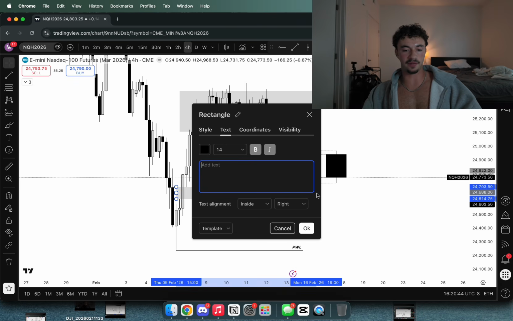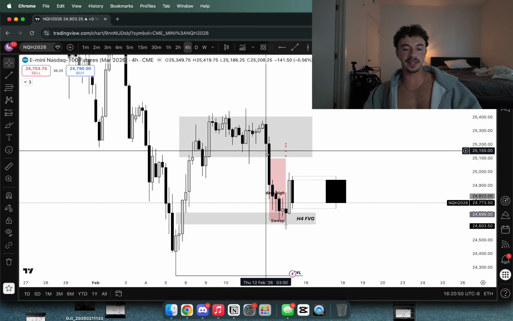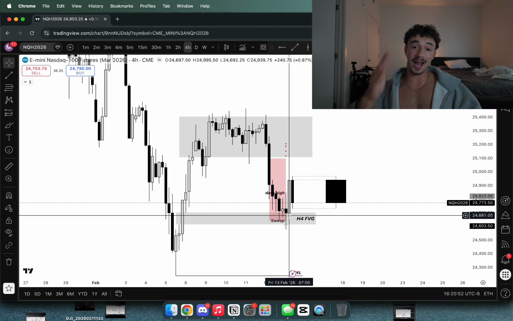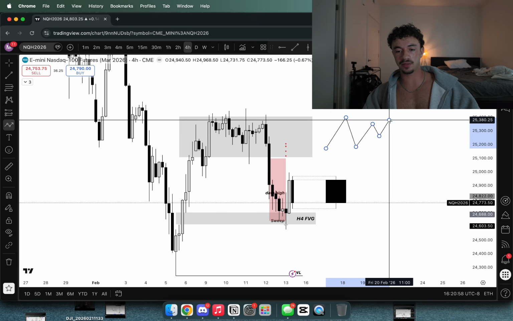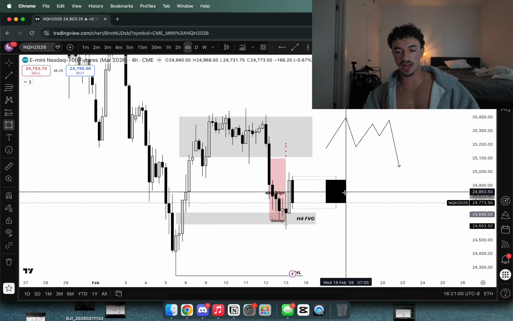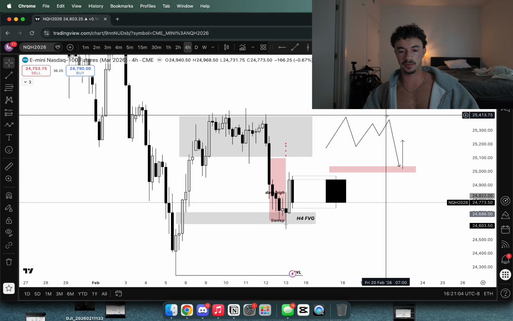So this is a 4-hour fair value gap. Price accumulates, manipulates down into where? A high time frame fair value gap. You look for an entry up.